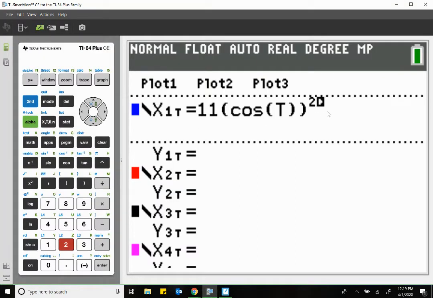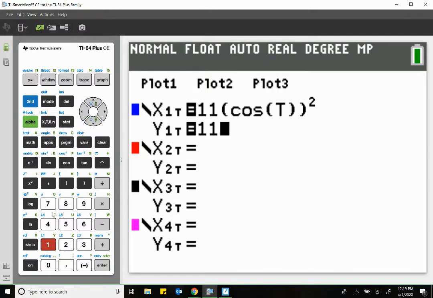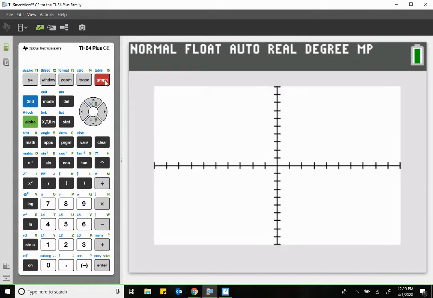And that's how you put the squares on cosines. So we just scroll down and do the same thing again. We're going to have 11, parenthesis, sine, hit the t button, which is just your x, and square it. Hit graph.